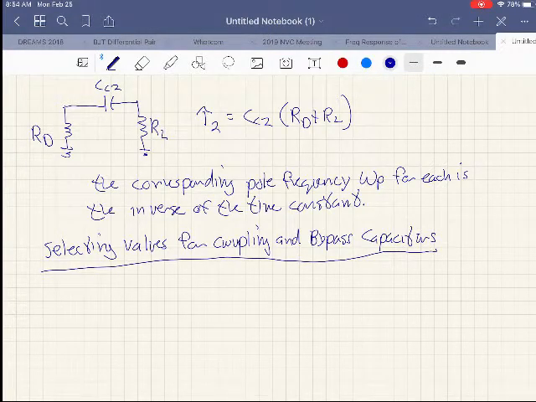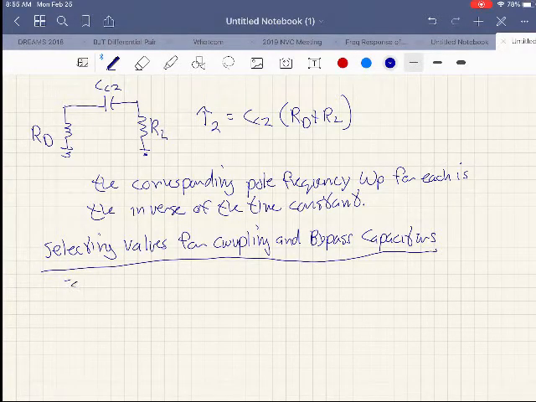The goal is to select the appropriate values, obviously, for CC1, CS, and CC2 to place the lower 3 dB frequency, that cutoff frequency, FL, at a specified value while minimizing the cap values. So you want to keep the caps small as they add weight and they take up space. And they also heat up.